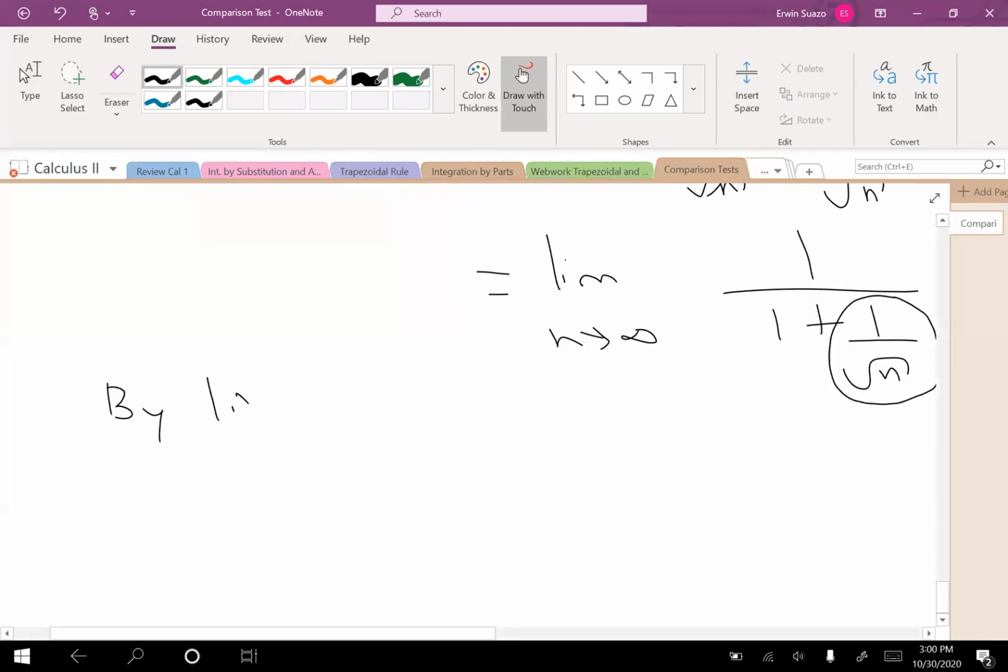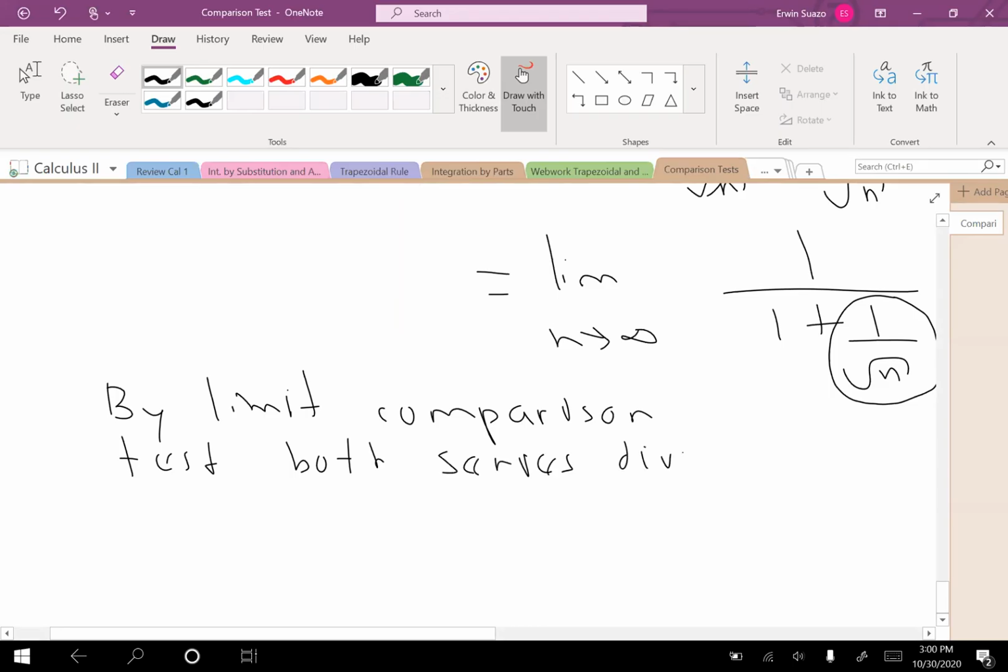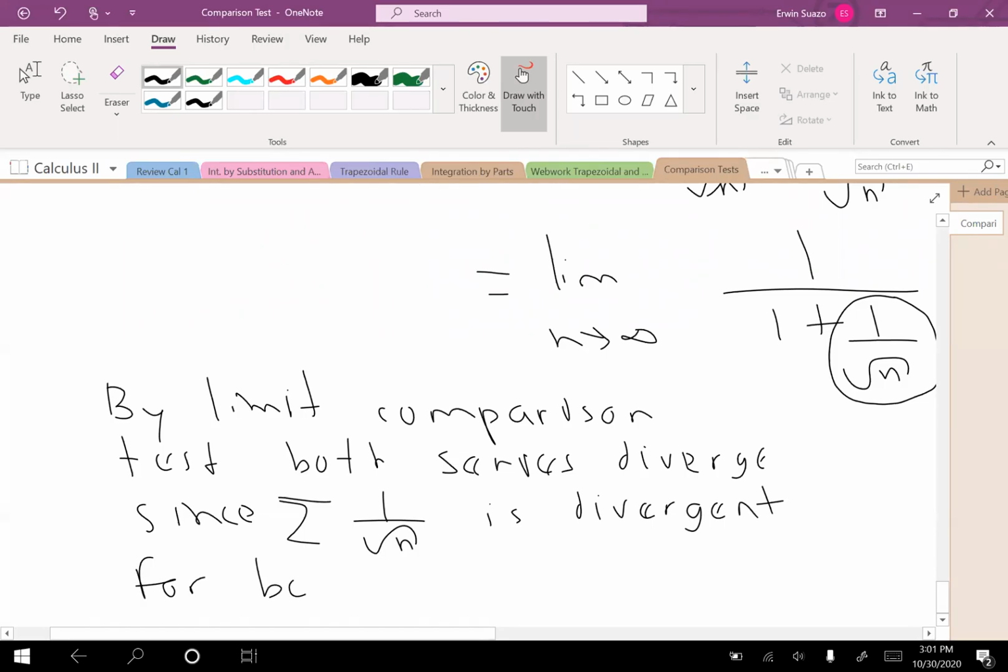By the limit comparison test, both series diverge, since the sum of 1 over square root of n is divergent for being a p-series with p equals 1/2. Okay, that's how you solve those.